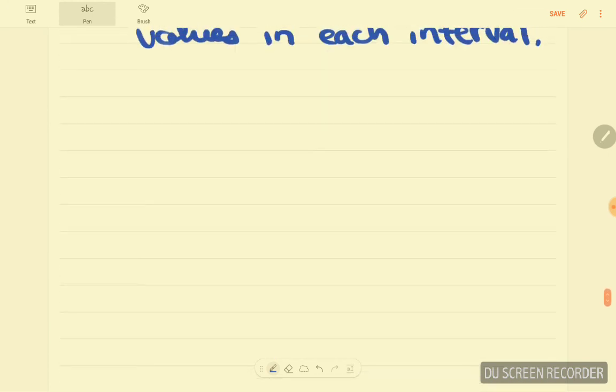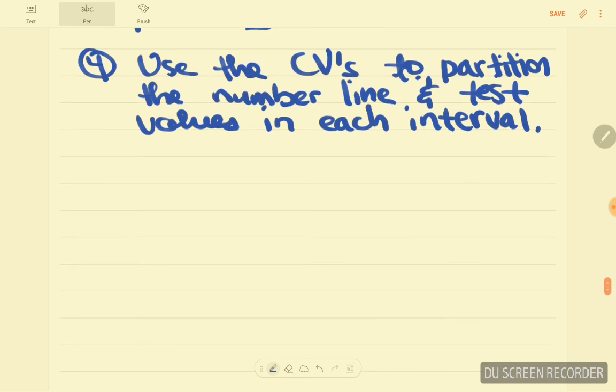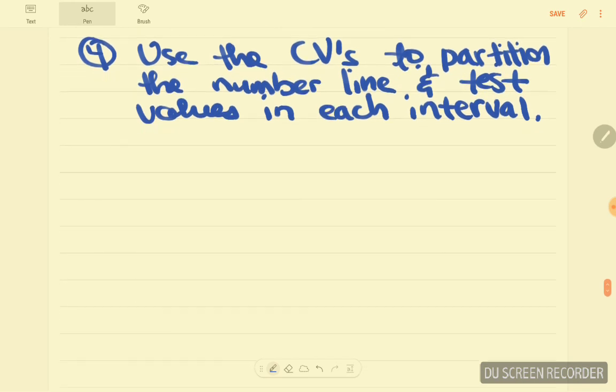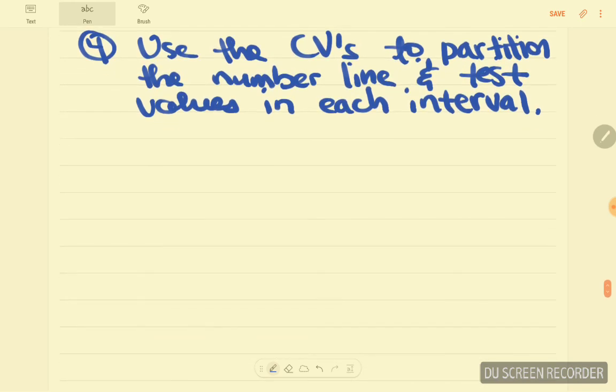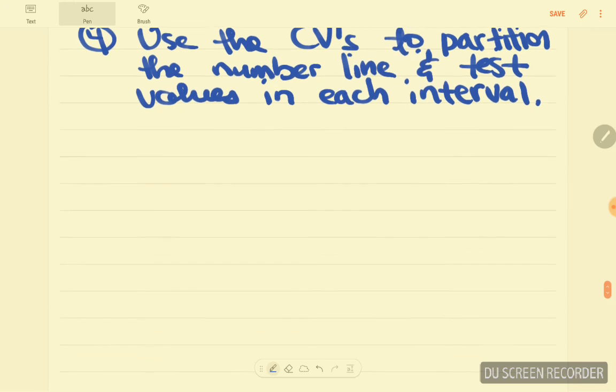Now that I've got my critical values, I'm going to do step 4 to partition the number line and test values in each interval.